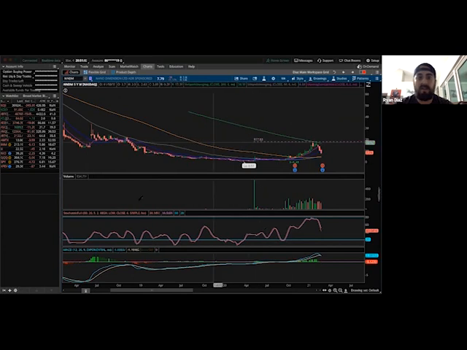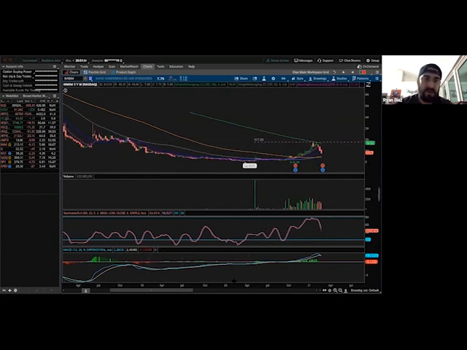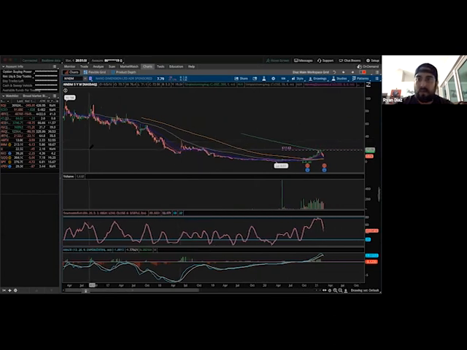So it's kind of lining up with this level here. We can see that this previous support has become resistance for whatever reason. But based on technicals, you got a pivot zone here, and you got support here, and then it came up and bumped its head on these pivot levels.